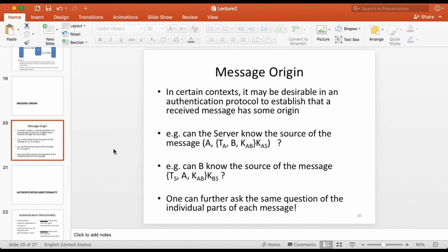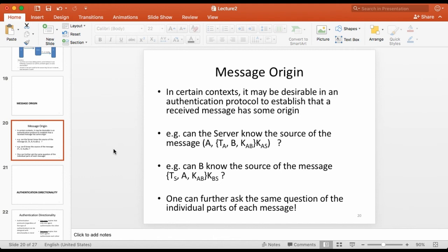And that's related again to authentication because sometimes you will want to know just where did this message arrive from. That is again a form of authenticity of the data or authenticity of the information that you're receiving.